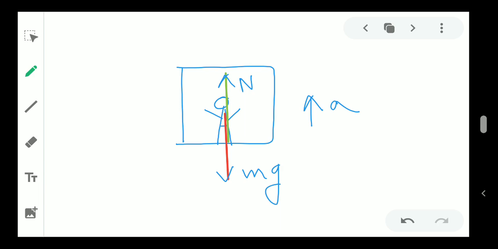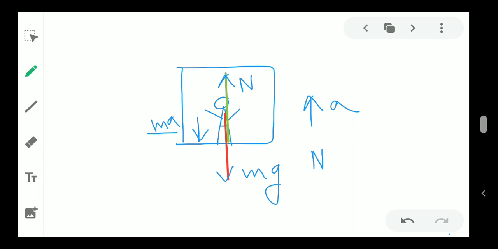The lift is going upward, but your body, because of inertia, to keep its own previous state, will go in the downward direction. So the inertial force will now work in the downward direction in order to restore the previous state. The inertial force will be ma, acting in the downward direction. Your body will experience a willingness to go downward because of inertial force.